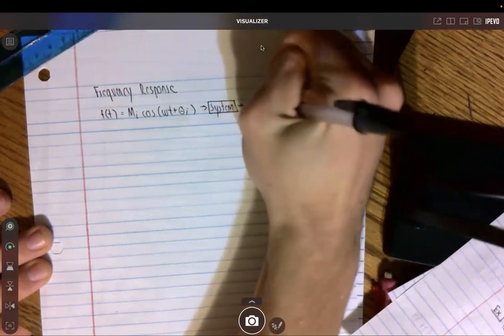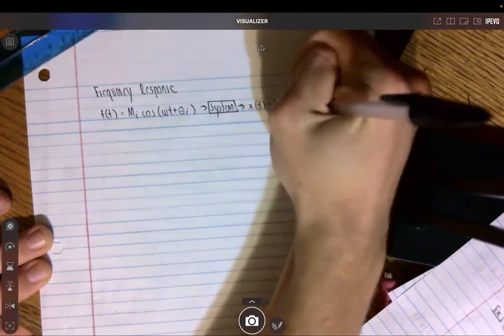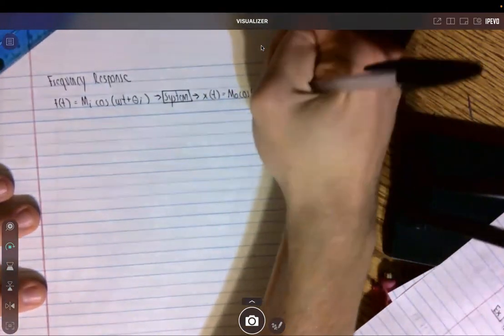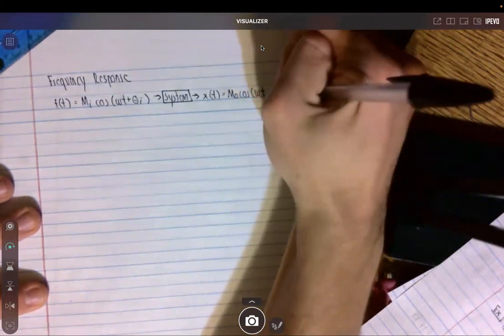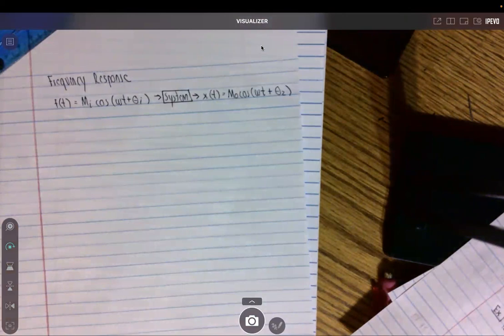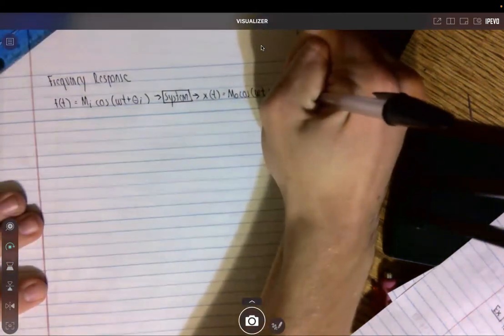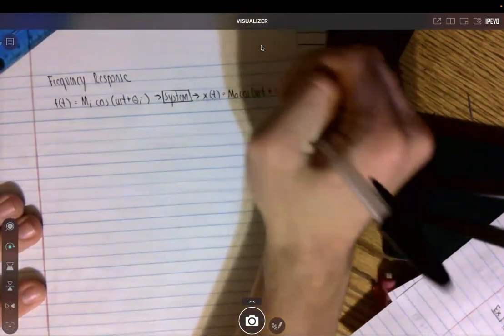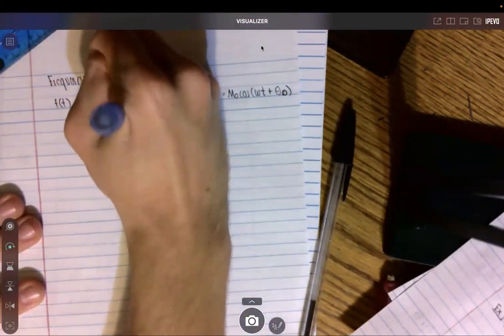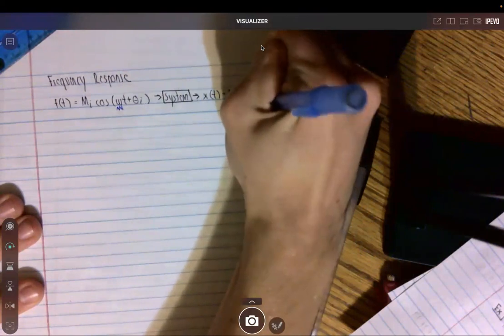So your x of t is going to have the same frequency. The only thing that's going to change here is your magnitude and your phase angle. They call it theta out for the output and the magnitude output, but you'll notice that the frequency remains the same. That's why it's called the frequency response.